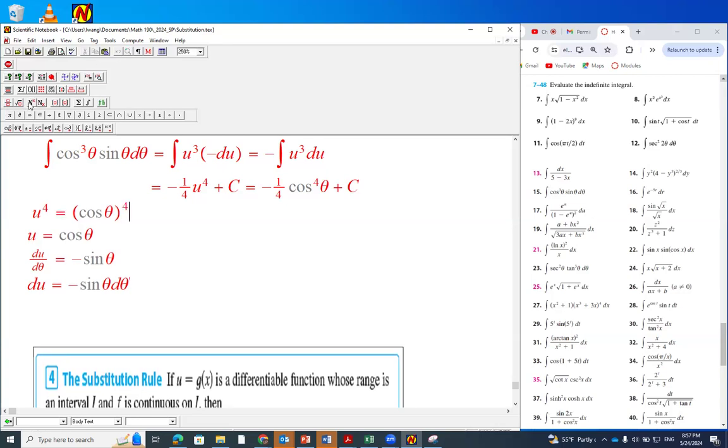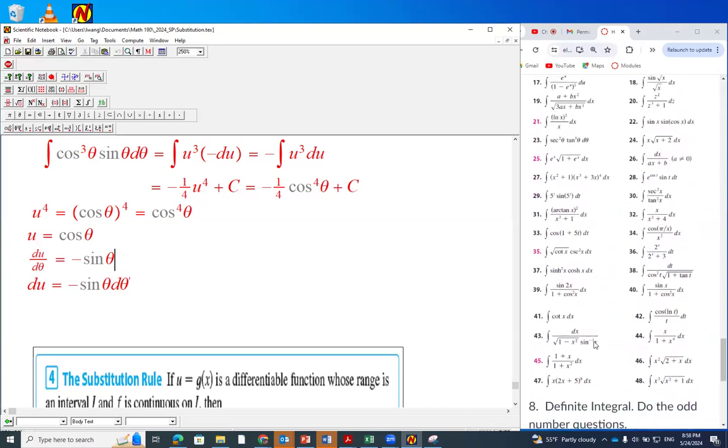That's not a problem, but this is also conventionally written as cosine to the power 4. All right, so that was that. I urge you guys to practice this. Please do practice, okay?